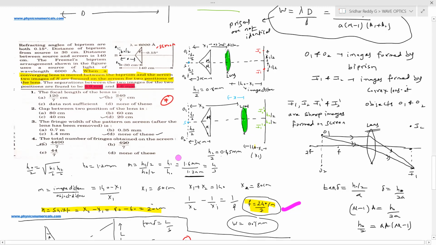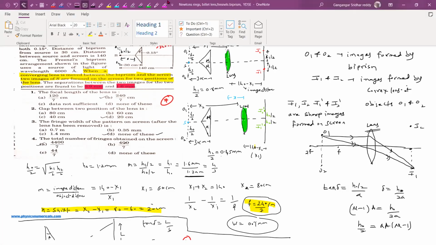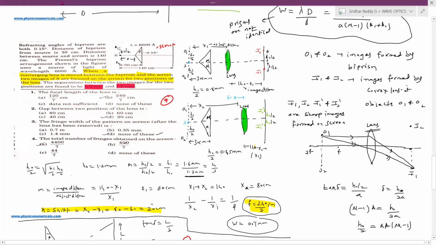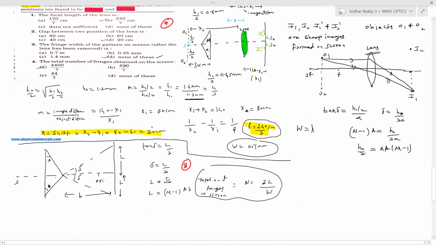Fringe width of the pattern on the screen. What is the formula for fringe width? Again, you have to go back to the original formula. Fringe width is given by lambda D by d.